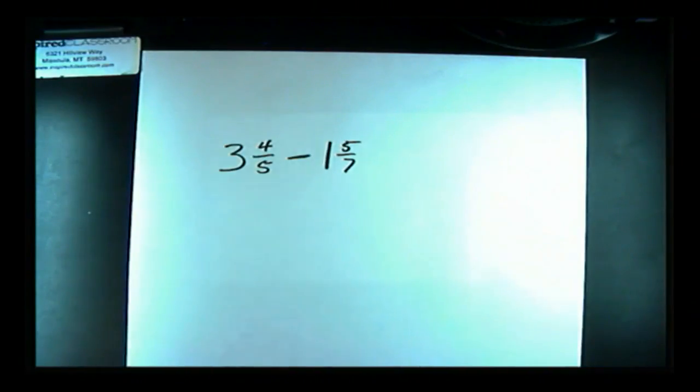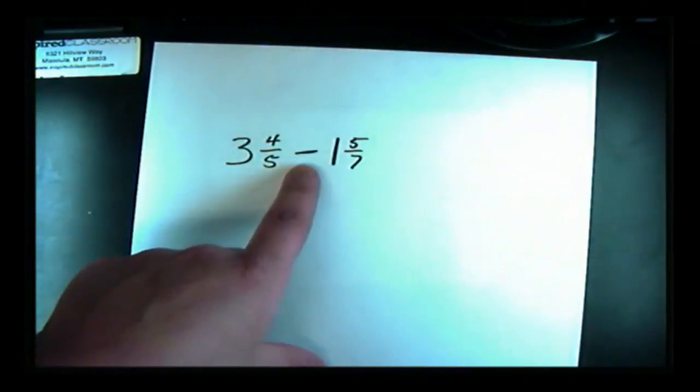So here we go. All right, so rule number 1, when I'm adding or subtracting fractions and I look at this and notice right off the bat the minus symbol, I don't even care about the numbers yet. I want to know what rule I'm going to use. And I'm going to use the adding and subtracting rules, which requires a common denominator. So the first thing I'm going to do is find a common denominator.